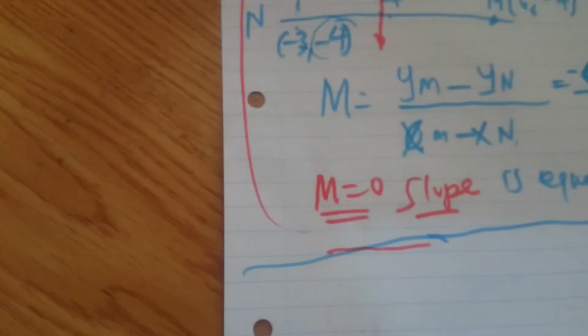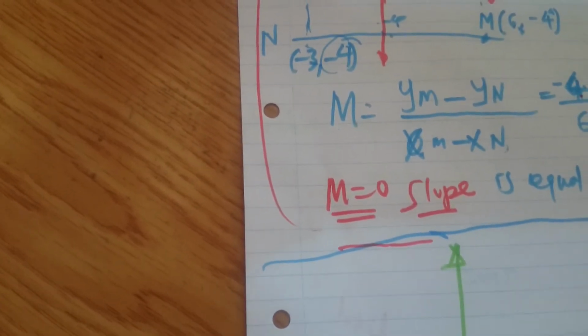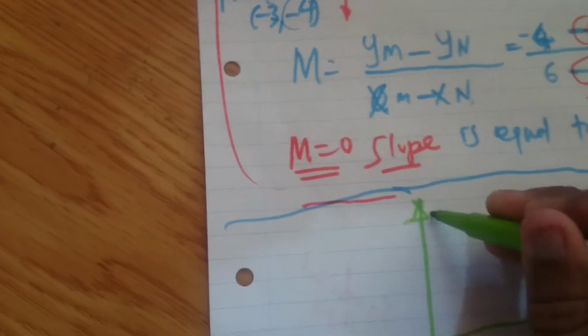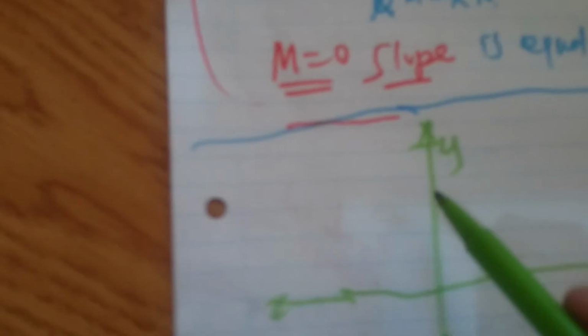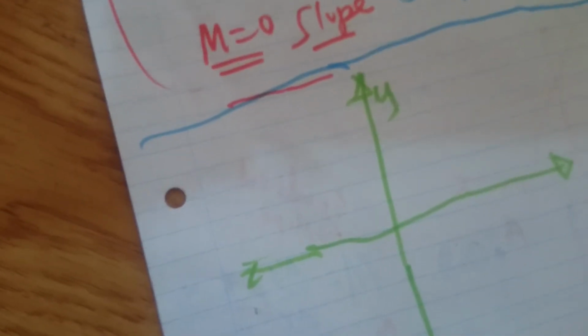Let's draw a Cartesian plane. This is x, and this is y. Which one is the y-axis? This is the x-axis, this is the y-axis.